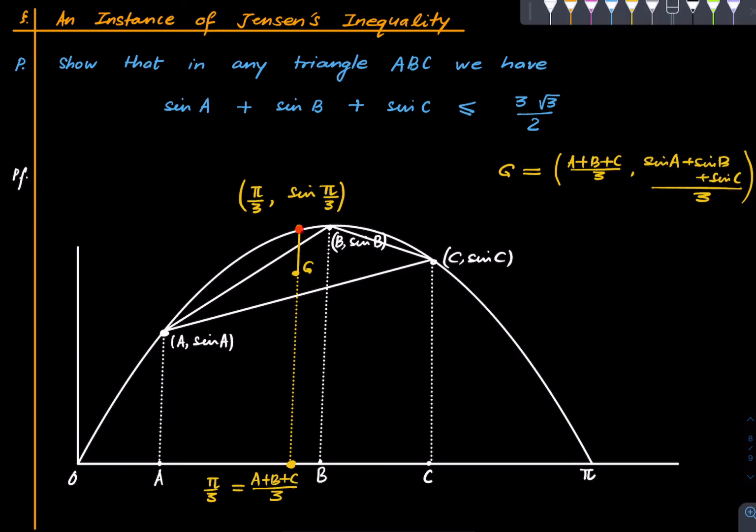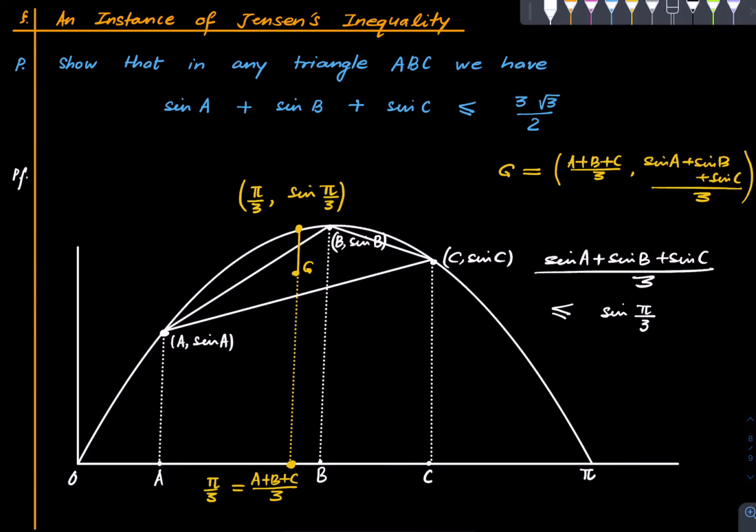So this length is greater than that length, and hence finally we can write that (sine of a plus sine of b plus sine of c) by 3, meaning that length, is at most this length, which is sine of pi by 3.